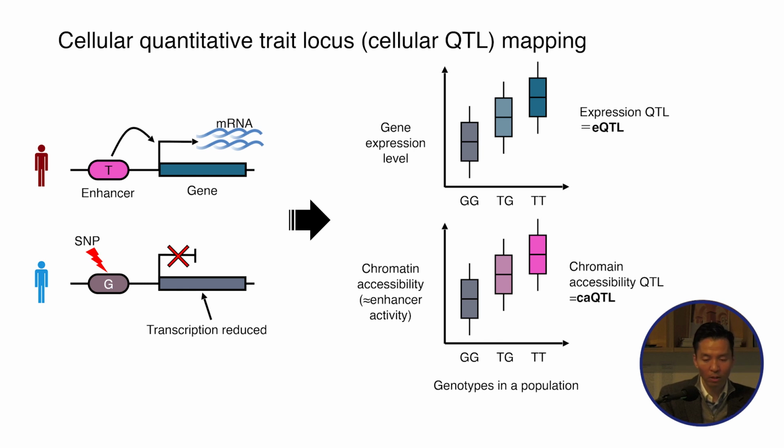If we find some correlation between them, then we call them expression QTL, or eQTL for short, or chromatin accessibility QTL, or caQTL for short.